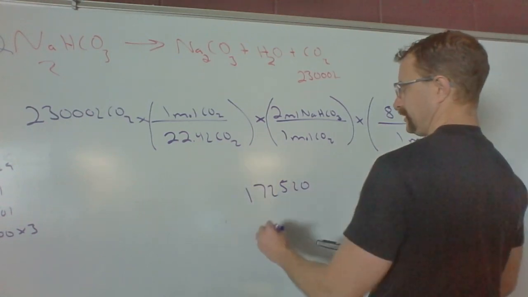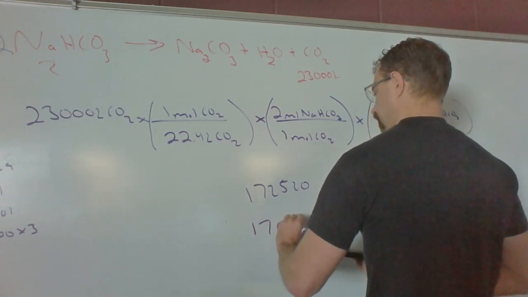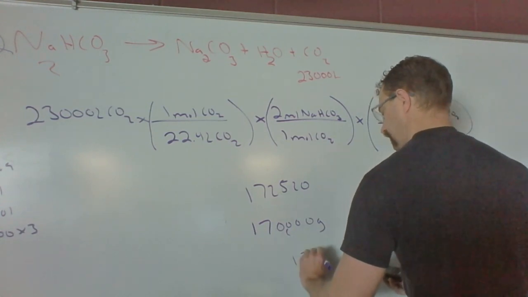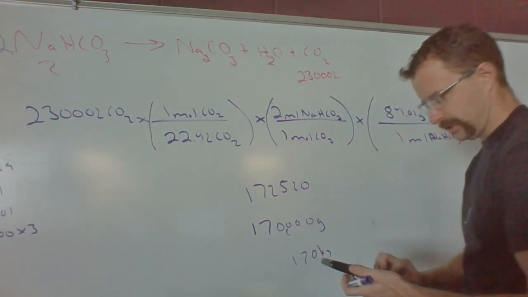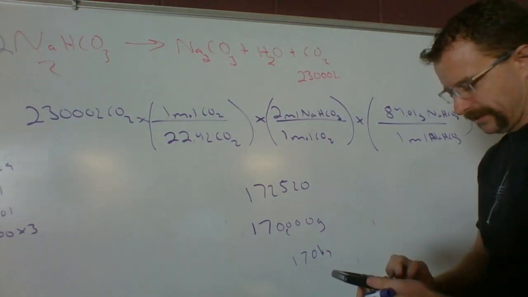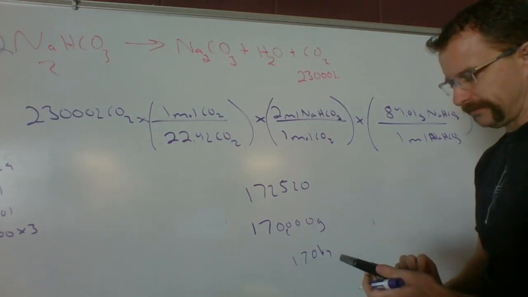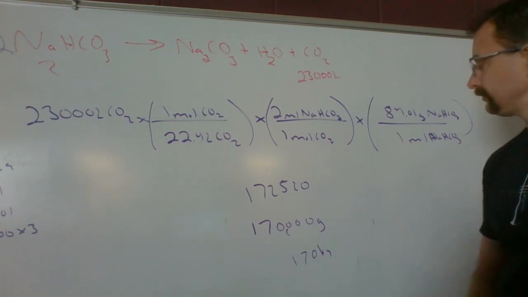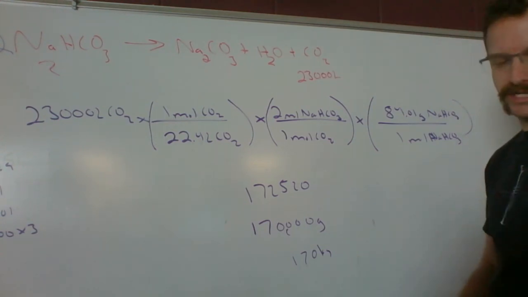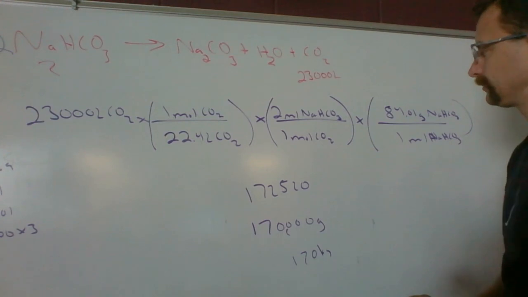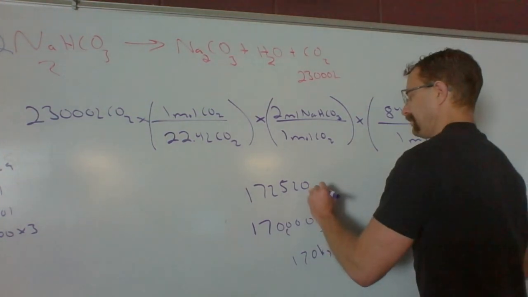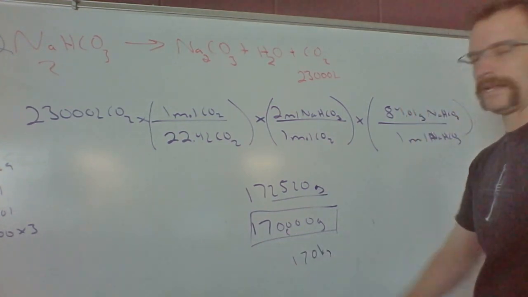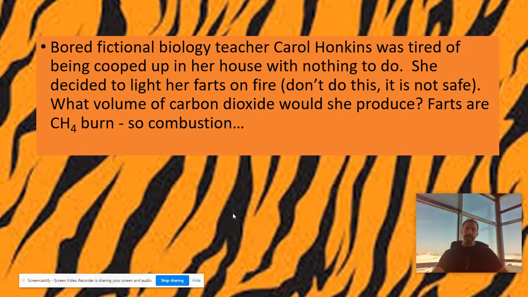It looks like we've got 2 sig figs, so 170,000 grams or 170 kilograms, which in case you're curious, 170 kilograms times 2.2 would give us 374 pounds. That's a lot. So you need 170 kilograms or 374 pounds if you want something more realistic. But mathematically, this is what we get. This would be our sig fig answer. I kind of like to change it into kilograms.